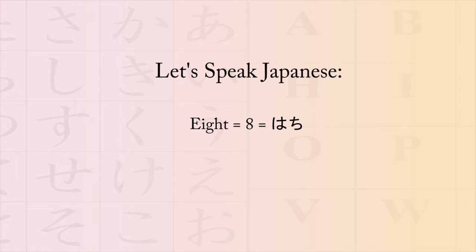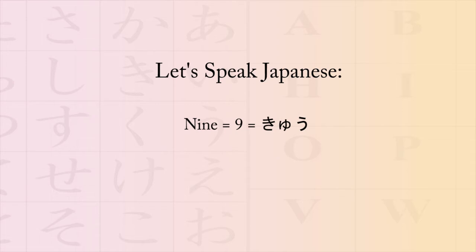Now, people may try to pronounce it Hachi, like that name of the dog in that movie Hachi, but it's actually Hachi. And in fact, that dog's name in Japanese is actually pronounced Hachi as well, Hachiko. So yeah, put it together and pronounce it properly.